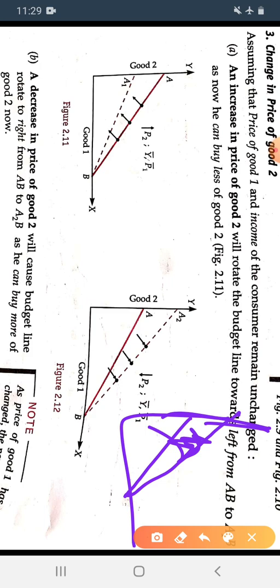So the basic difference is this: when there is an increase in the price of good 2, the budget line will shift to the leftward, and when there is a decrease in the price of good 2, the budget line will shift to the rightward. Only the line of good 2 is changed, not the line of good 1, because the change occurs in the price of good 2 only.